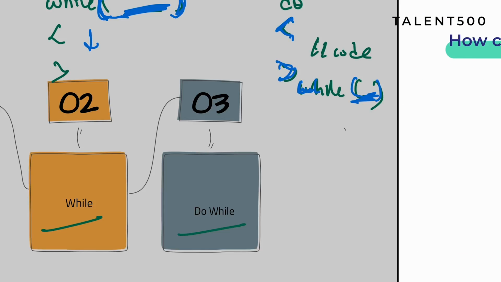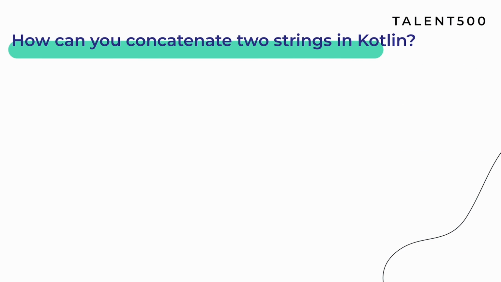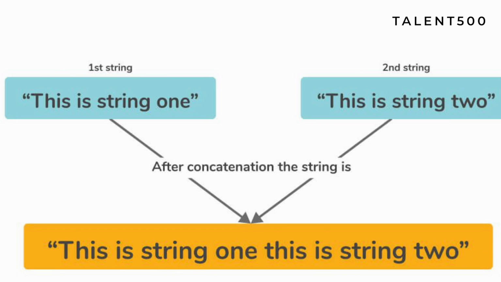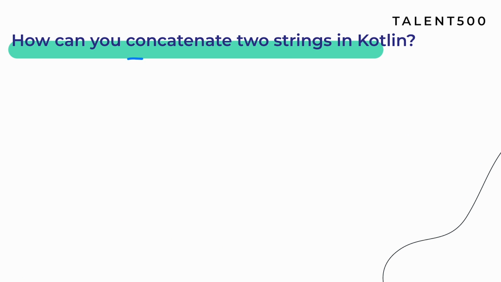All right. So moving ahead, how can you concatenate two strings in Kotlin? Again, an easy yet very interesting question. First of all, what is concatenation? Let's say I want to write talent and 500.